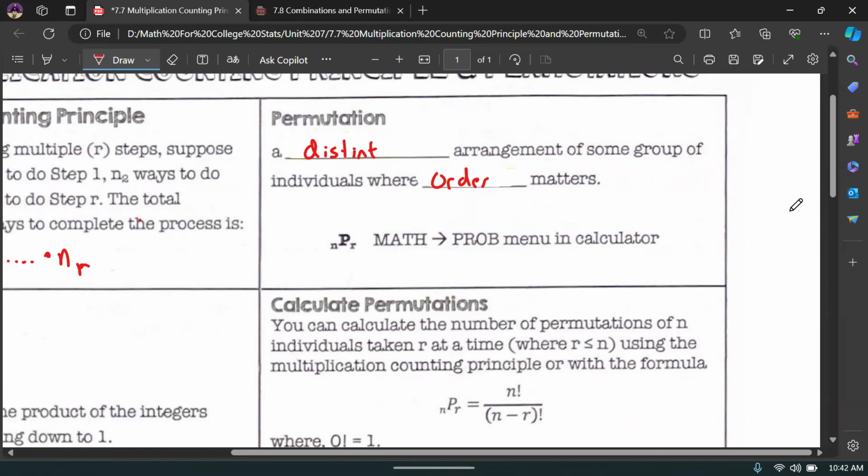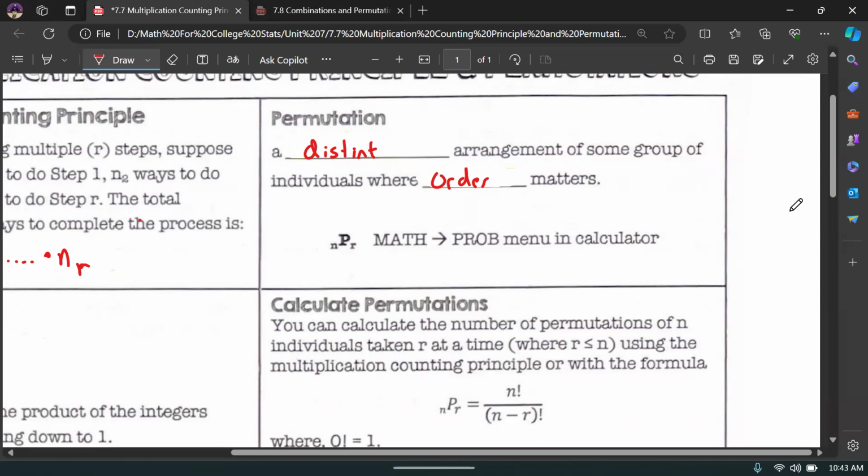There's a notation for it, nPr, where n represents the number of individuals and r the number taken. We'll talk about that when we get to it.